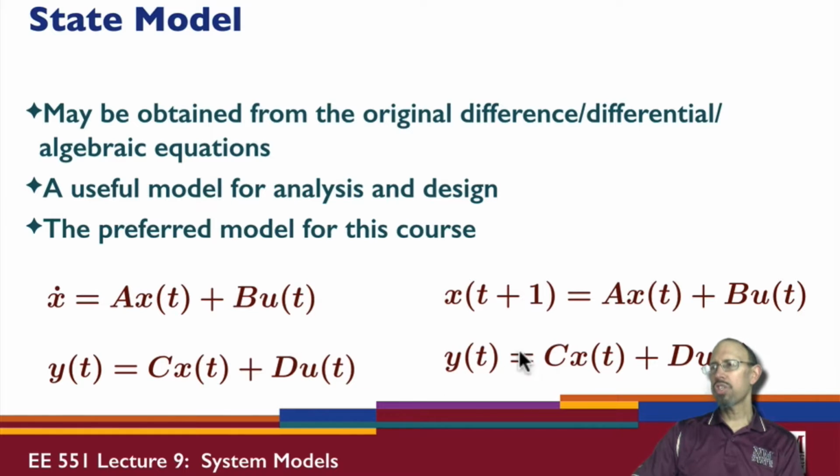So these are state models, and in general, A, B, C, D are matrices. So this is in continuous time, this is in discrete time. So the state model we'll be looking at, I'll talk a little bit more in this video about state models.